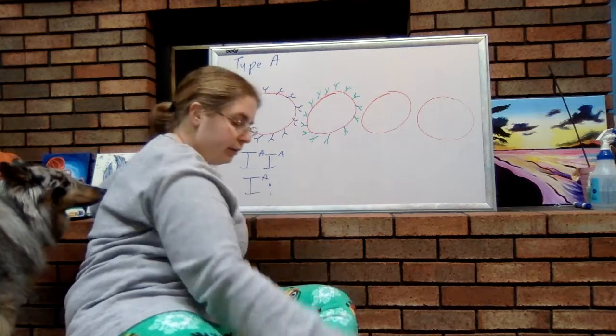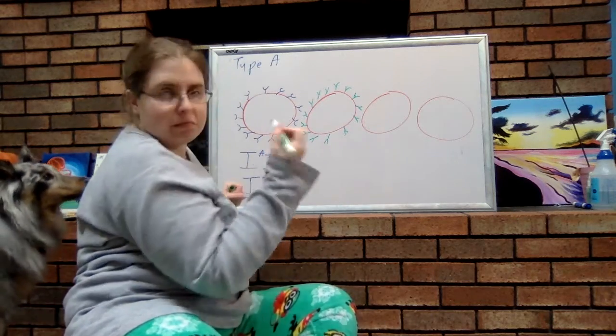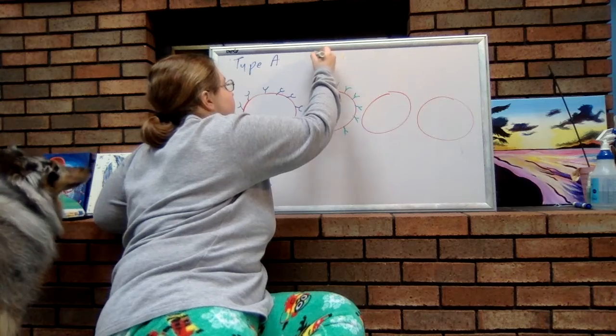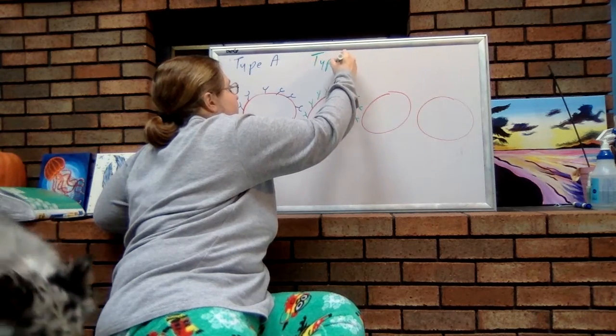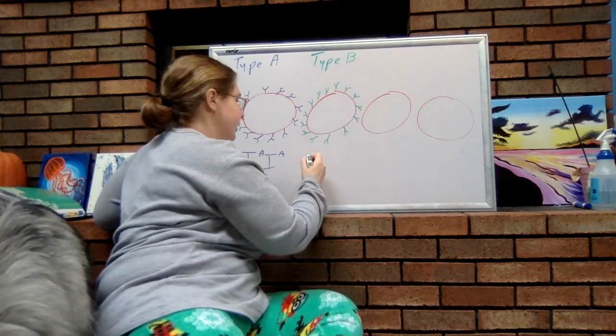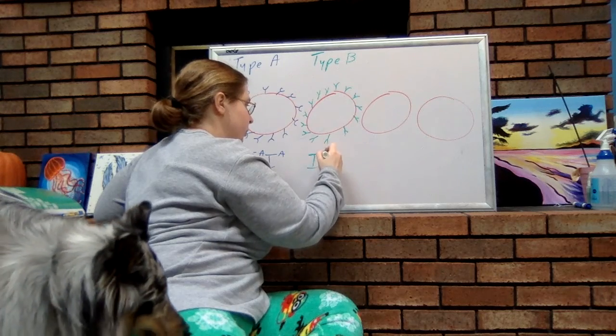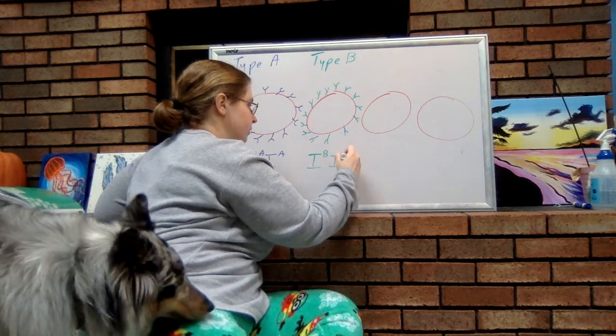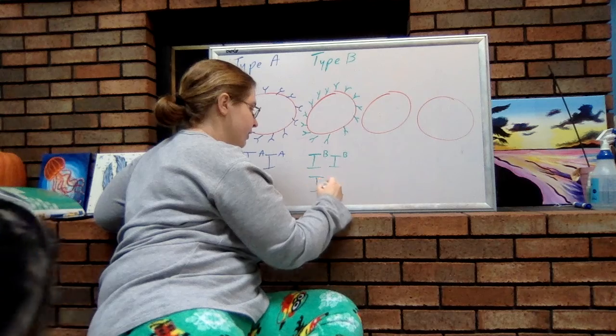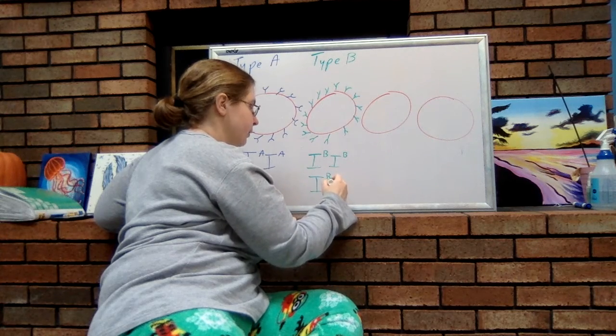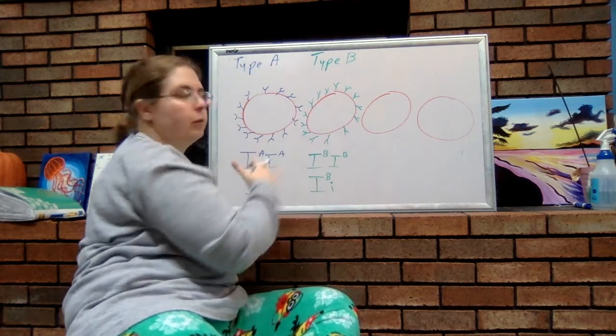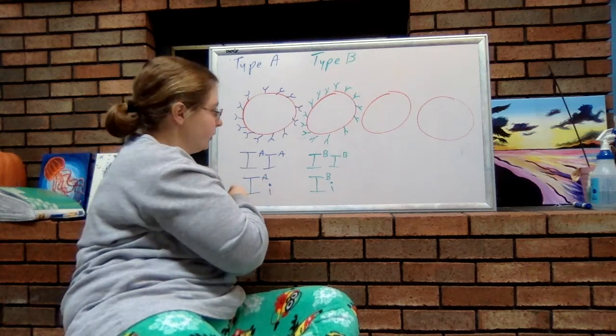If you make the other type of receptors, you're type B, which means you're either homozygous for B or you are heterozygous for B. Either way, you're only making those certain B alleles.